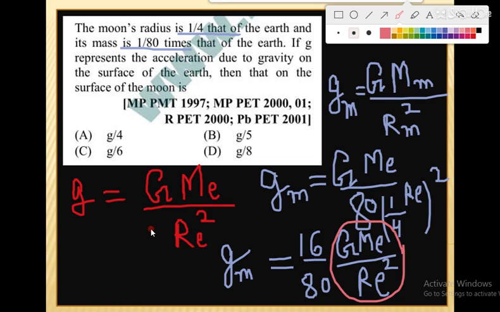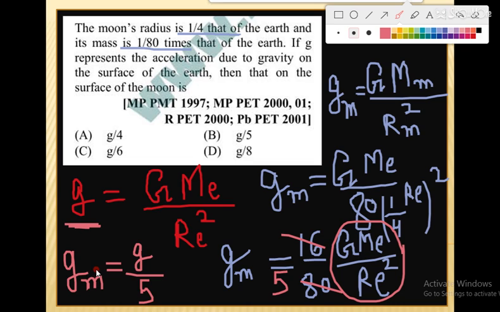This whole term is acceleration due to gravity of earth, so finally my answer will be Gm, acceleration due to gravity of moon, is equal to g, that is acceleration due to gravity of earth, g by 5. 16 fives are 80, so my final answer is Gm equal to g by 5. So this will be the answer for this question.